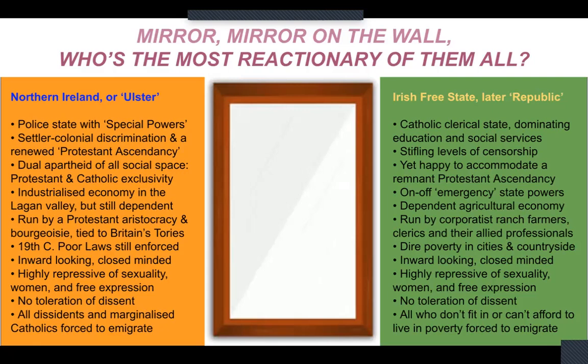In the Irish Free State, later the Republic, we have a Catholic clerical state dominating education and social services. This develops over the period. It starts when the Free State is set up, but a lot of it is basically a continuation of what had been before.